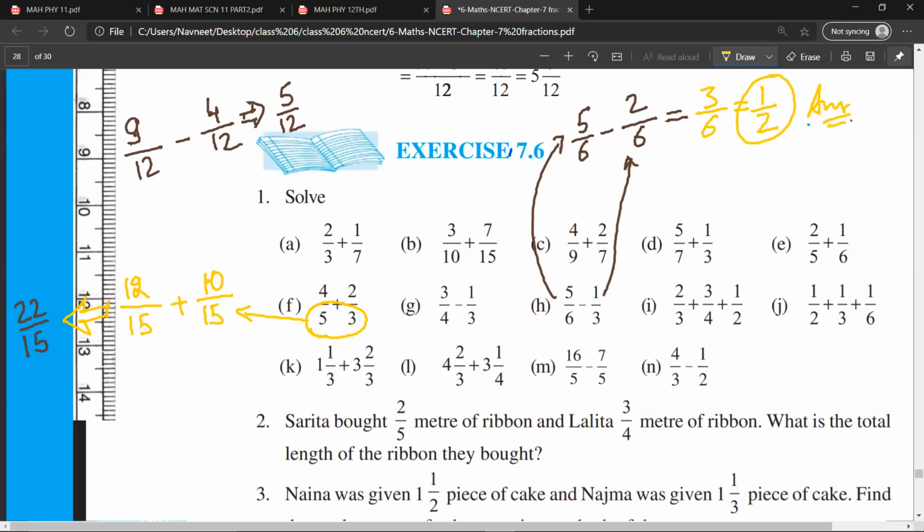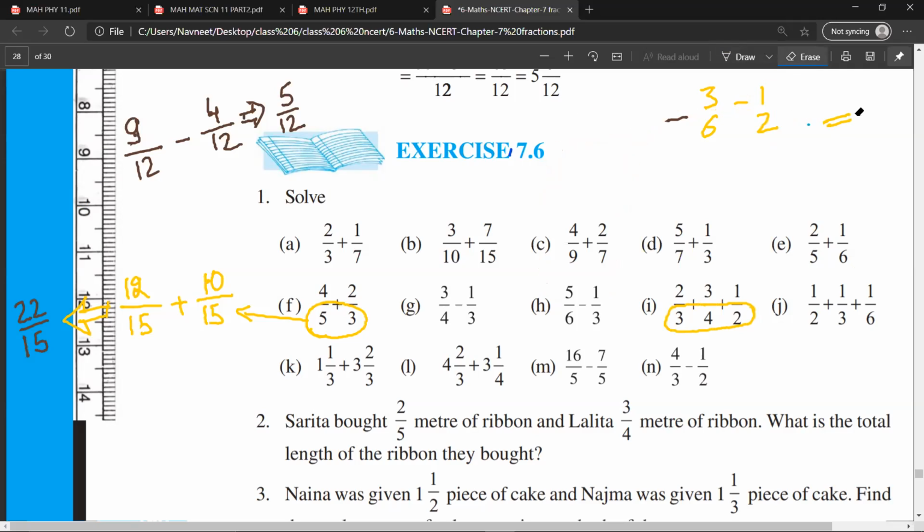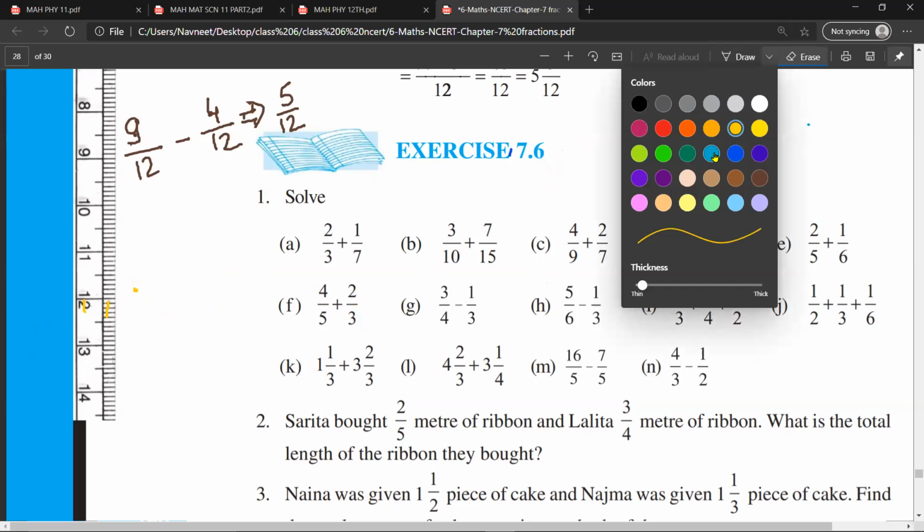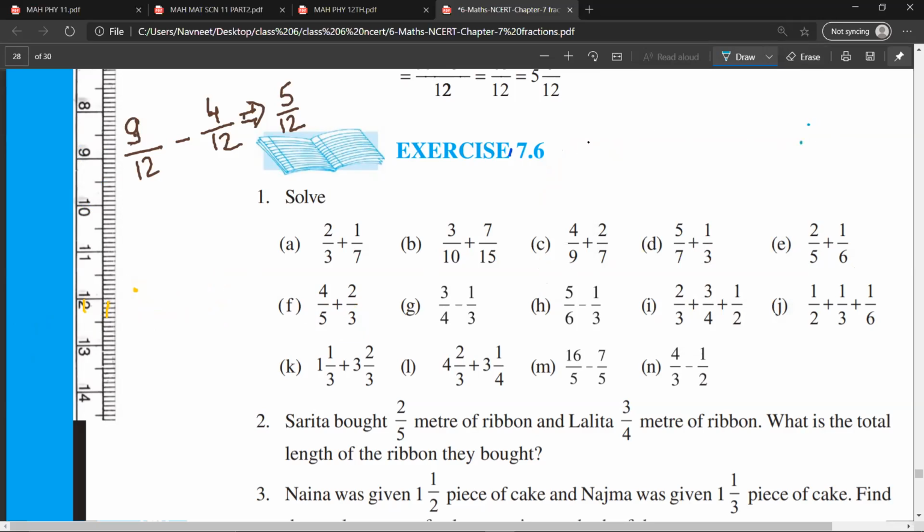Yes, sir. What would be the LCM of 3, 4, and 6? 12. 12 would be the answer. So now I need to write all these fractions as something upon 12 plus something upon 12 plus something upon 12.